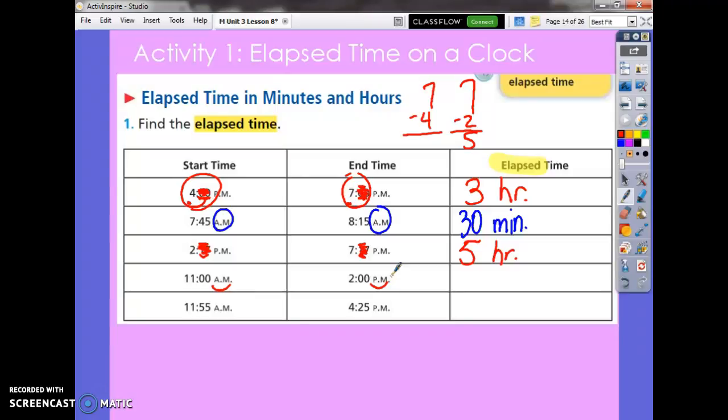So the difference, or the elapsed time, again, the elapsed time is the difference between one point in time and another, or between one event and another. The elapsed time is just the difference. So the elapsed time between 11 a.m. and 2 p.m. is 3 hours. Right?